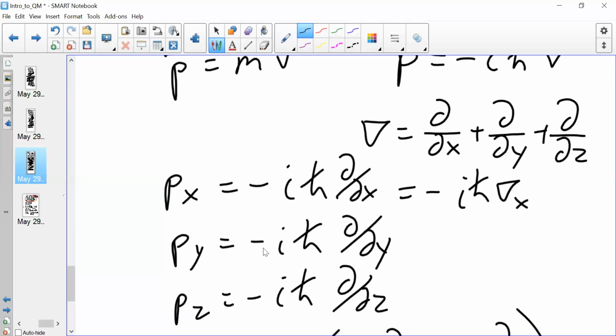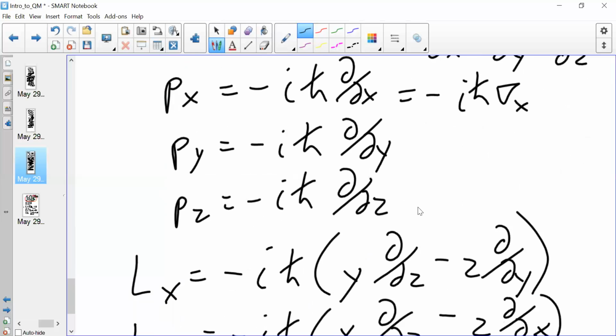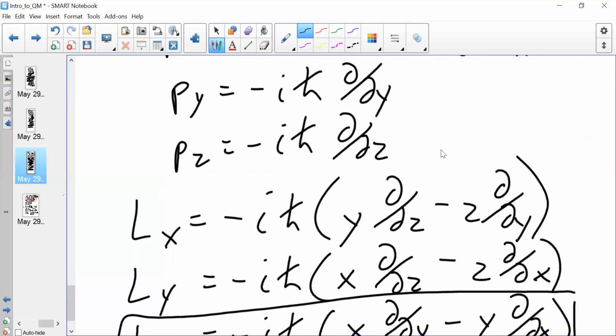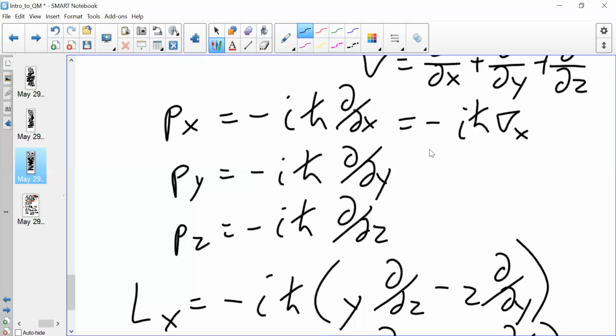And then py is equal to negative i h-bar del y, and pz is equal to negative i h-bar del z. Okay, so we have all of those guys.